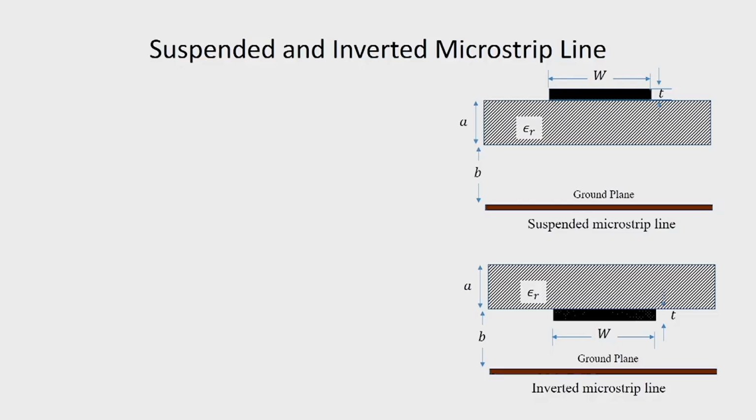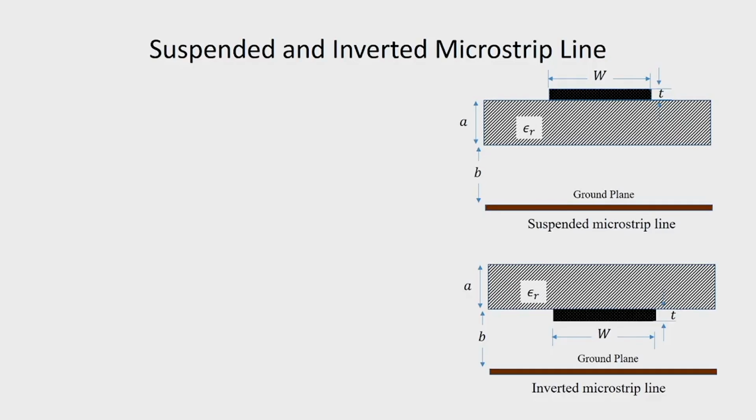The other forms of planar transmission lines are suspended and inverted microstrip lines, where in the case of suspended, we have a ground plane and the strip along with the dielectric, there is a gap between the ground plane and the dielectric, and this is an air filled region, and we can see that the strip is suspended.